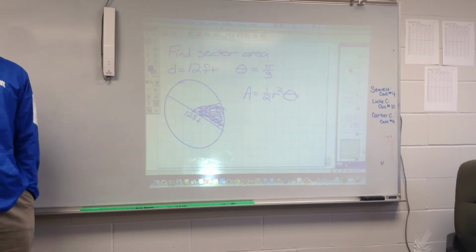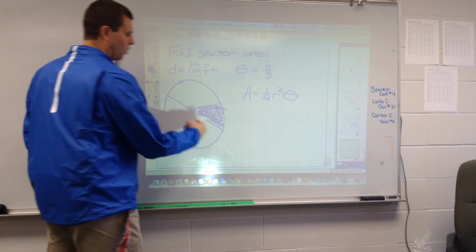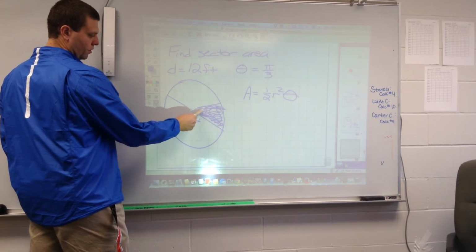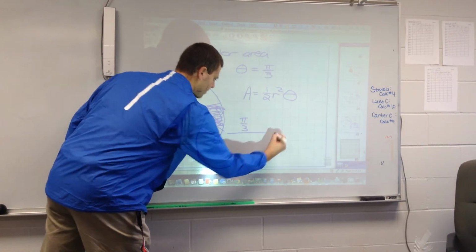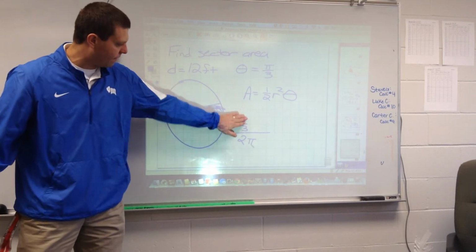Don't give me degrees. Give me radians, but we can do it in degrees. What fraction of the whole thing do I have? No, this is pi over 3, pi over 3 out of 2 pi, right? Because that's the part I have, and that's the total.